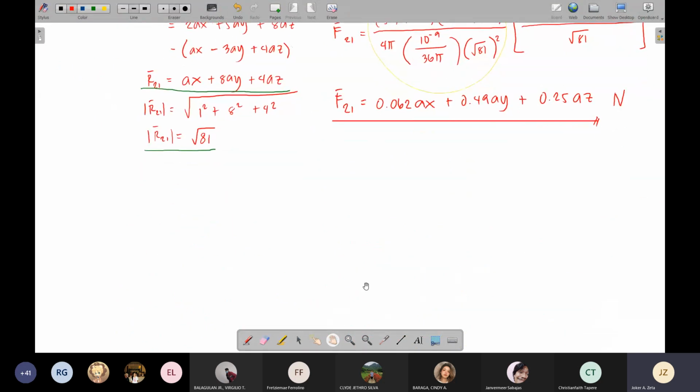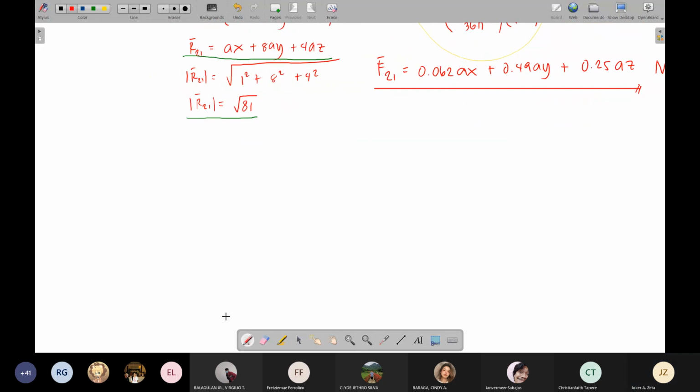Example number 2. Okay, example 2. So, given you have Q1, let's say 10 microcoulomb, at point 1, 2, 3.